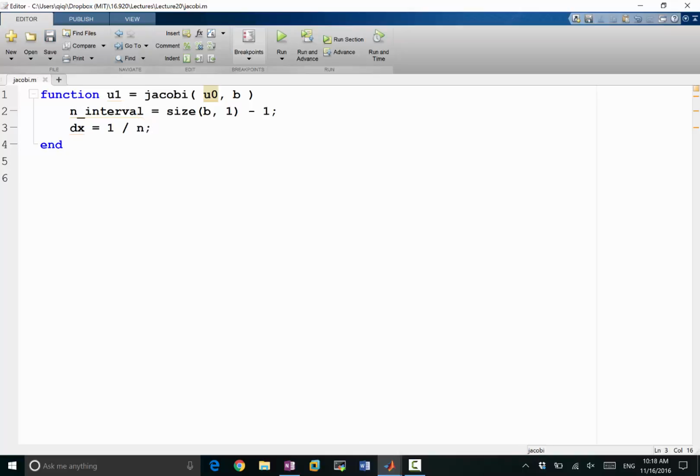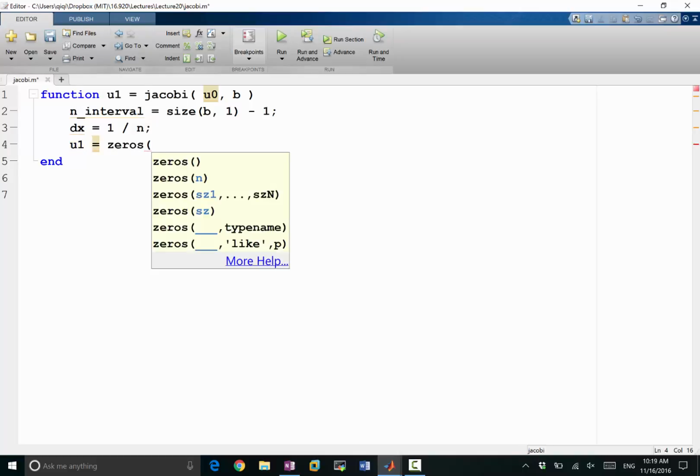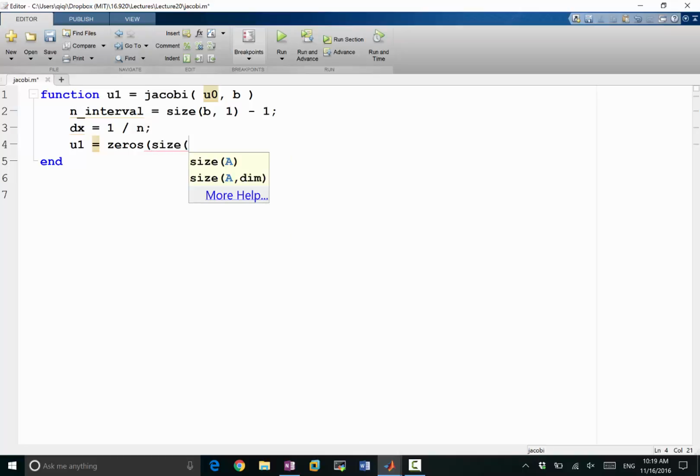Okay. So how do we apply the Jacobi iteration? We have u1 is going to be zeros, size u0, right? Well, we don't have to do this.